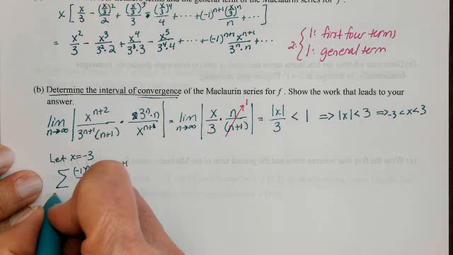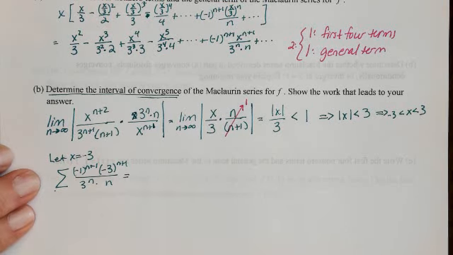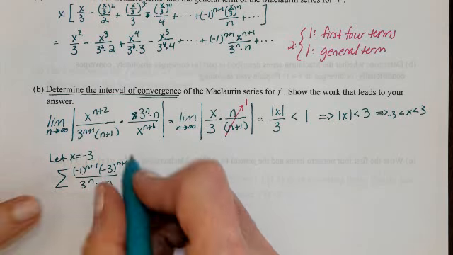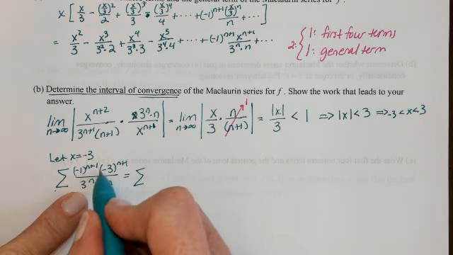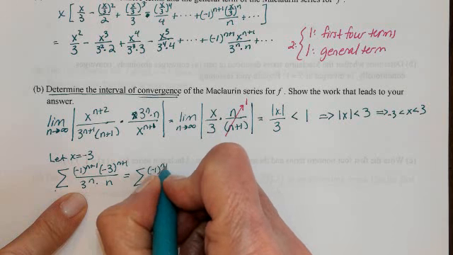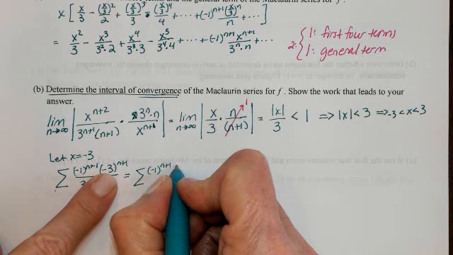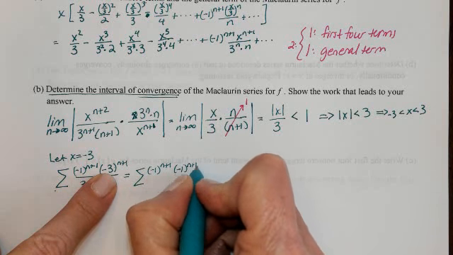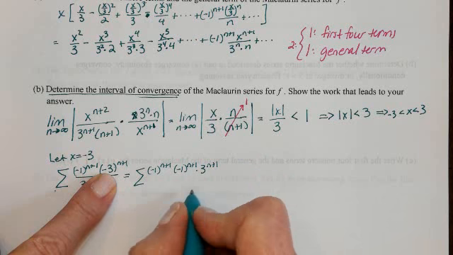N is going from 1 to infinity. Not that it matters. We're just looking for, does this converge or not, right? So this we can reduce as soon as I get rid of that negative. So let's get rid of that negative. This is -1 to the n plus 1 times -3 to the n plus 1 is -1 to the n plus 1 times 3 to the n plus 1. That's what -3 to the n plus 1 is.